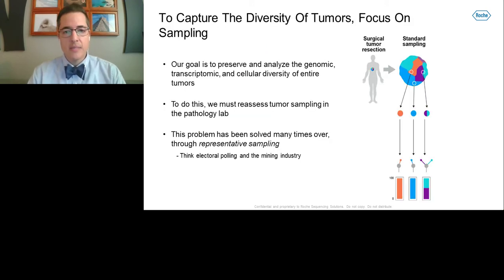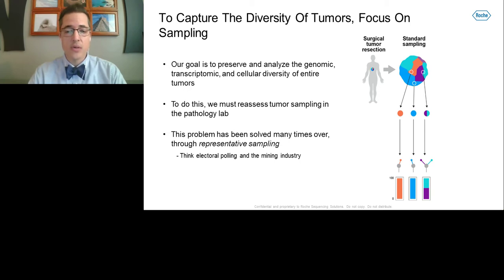So my team is really interested in the diversity at the cellular, the genomic, and the transcriptomic level of solid tumors. One of the challenges we have, though, as a community of scientists, is that the way that we are currently sampling tumors leads to bias in the data that we get from the solid tumors that we're sampling.